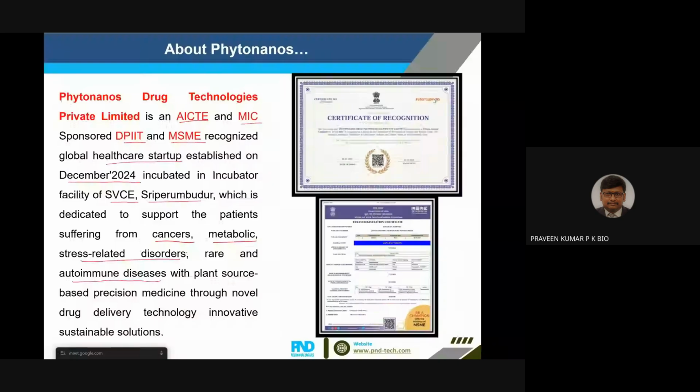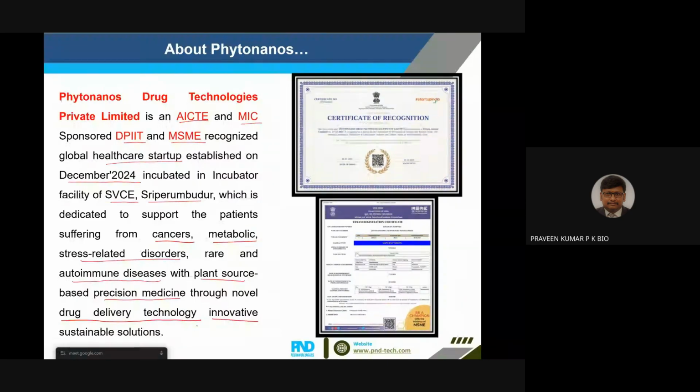So we try to develop precision medicine from plant sources. About the various products from the plants, we'll be discussing in the future presentations. We utilize novel drug delivery technology; instead of relying on a single technology, we focus on multiple drug delivery technologies.